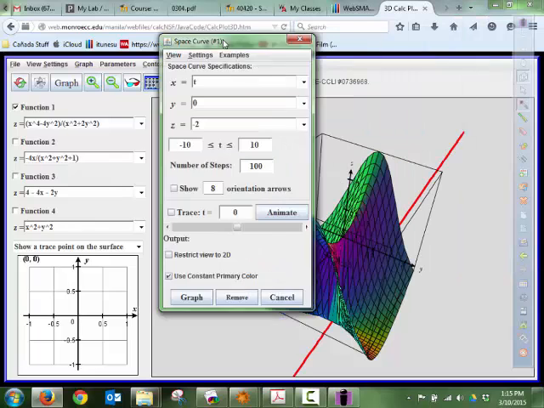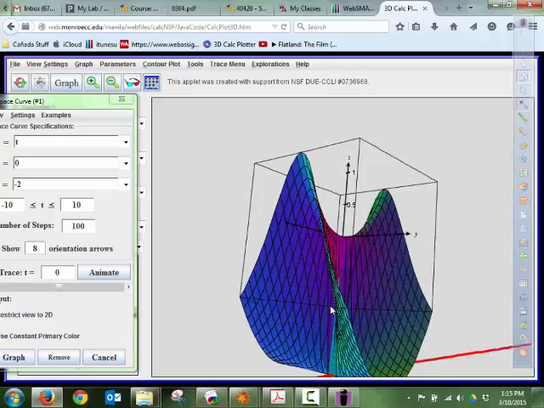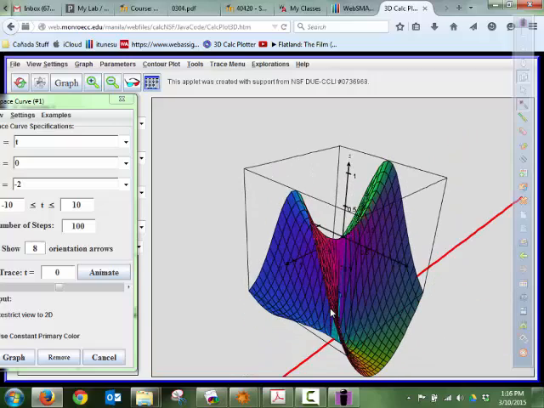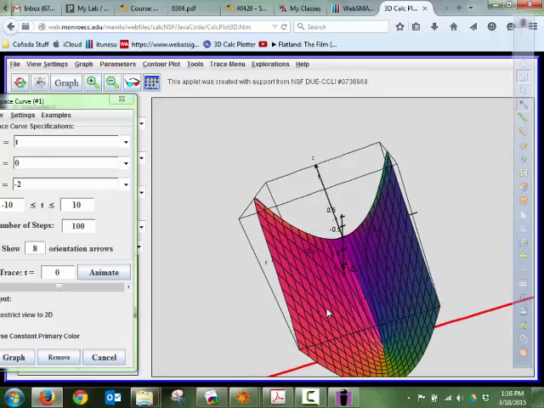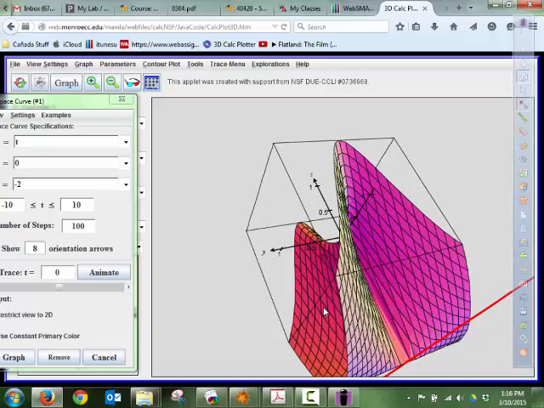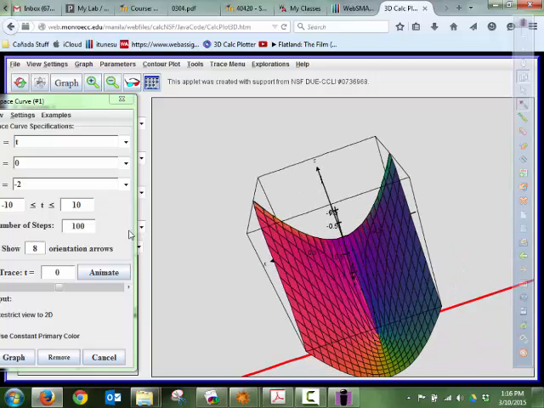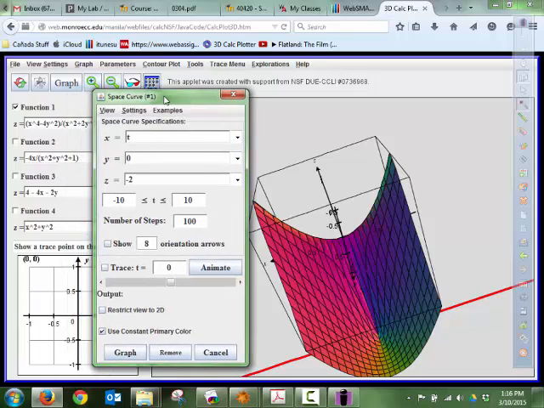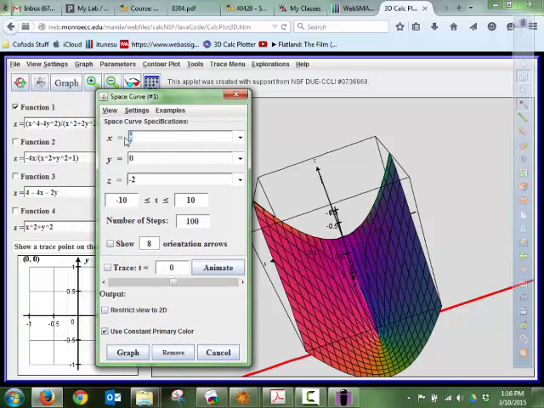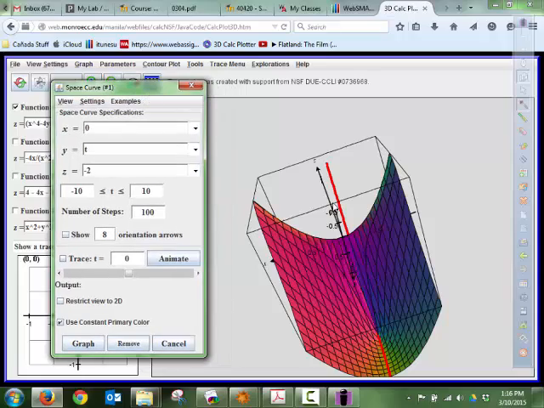So if we graph this, that doesn't look right. Oh, I said x equals 0. So 0, and then this is my t parameter. Okay, this makes a little more sense.